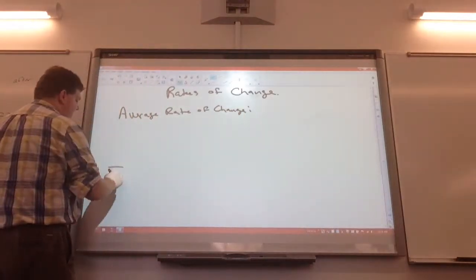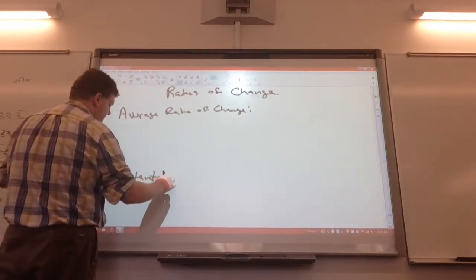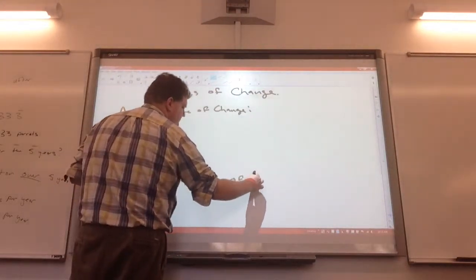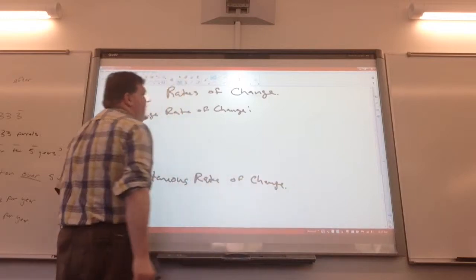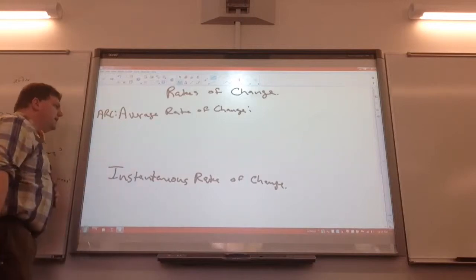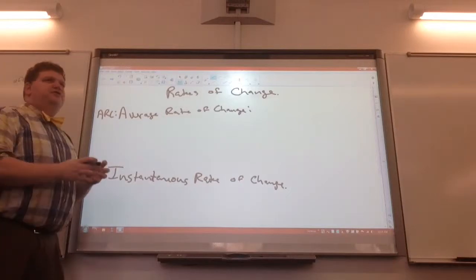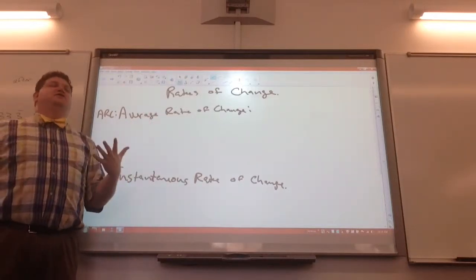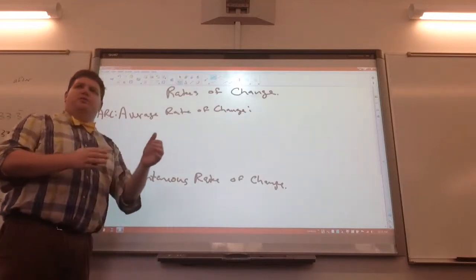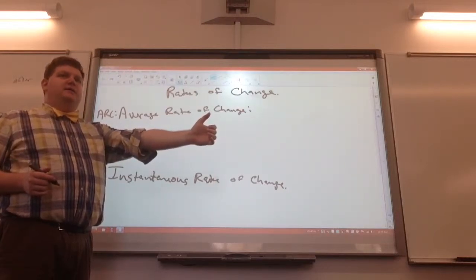And instantaneous rate of change. Now, average rate of change, we'll abbreviate that ARC often. The average rate of change is the way a system changes over an amount of time, which will correspond to the slope of a line, not a tangent line, but a secant line.